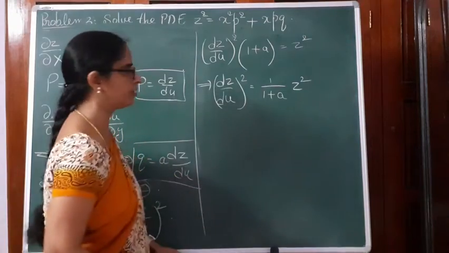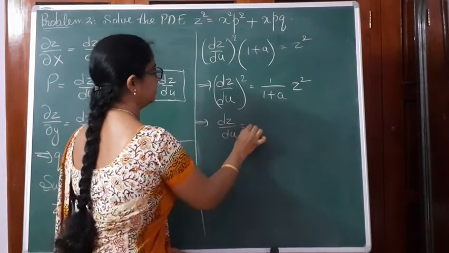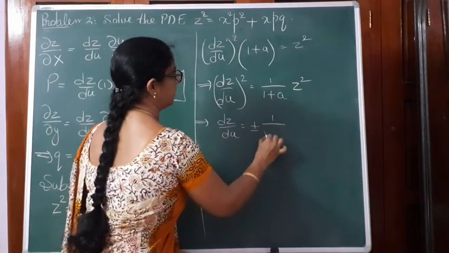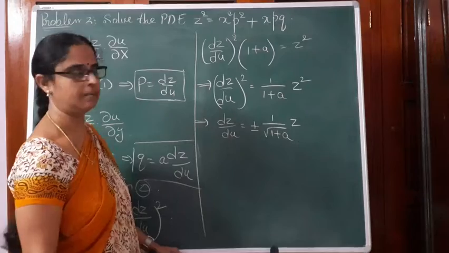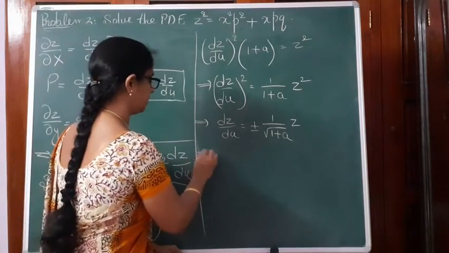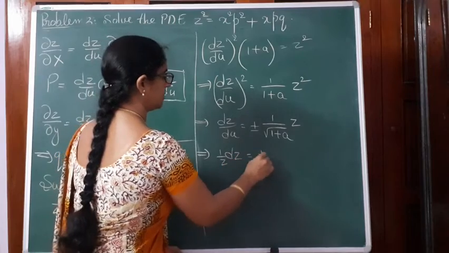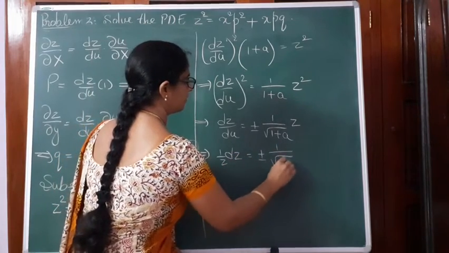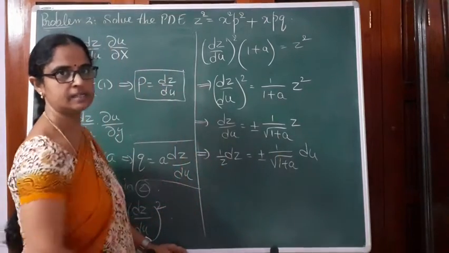Taking square root on both sides, we get dz by du is equal to plus or minus 1 by square root of 1 plus a into z. Now separate the variables. Very common process, regular process. Separating the variables, we get 1 by z dz is equal to plus or minus 1 by root over 1 plus a du. Z terms towards dz, du towards right hand side.